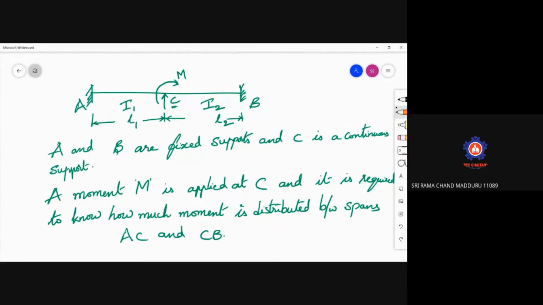Now in this, what I will do is I will consider M1 plus M2 is equal to M. I will tell you why I am writing this.